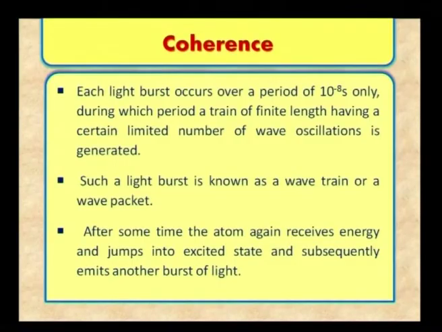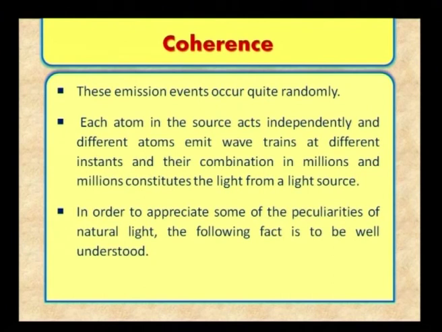So many wave trains will be coming out from a light source in a short period of time. At some time, the atom again receives energy, it jumps to the excited state, and subsequently another burst, the atom will be coming down, another wave train will be coming. So, between this wave train and the earlier wave train, there will be a phase difference. The emission events occur quite randomly, and that is what you have in an ordinary light source.